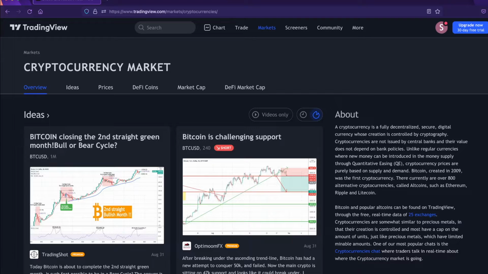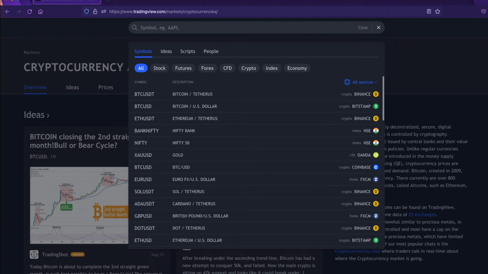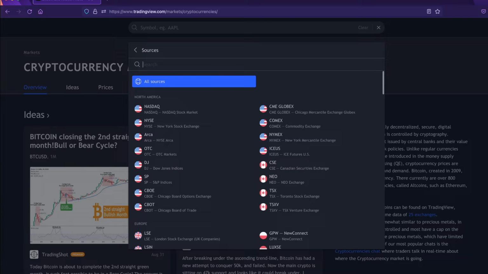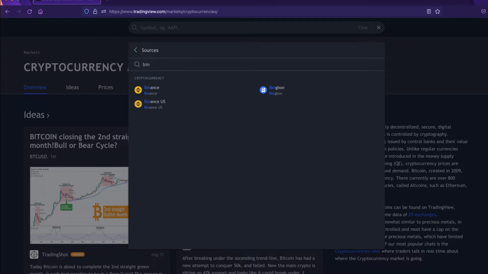So what I'm going to do up here is look for the search, go over to crypto, and look for Bitcoin, US dollar, and Binance US. I'll go over here to all sources, and search Binance or BIN. Binance US will come up.